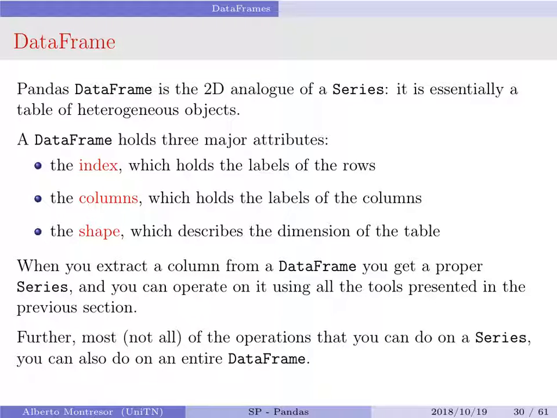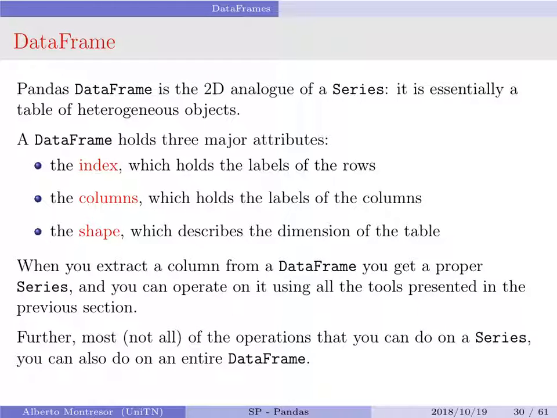Okay, the next part is related to data frames. A data frame is just the bidimensional analog of a series. It is essentially a table, and it could contain heterogeneous objects, but it could also be all the same objects. Now you have three pieces of information. You have the index that gives you the label at the beginning of each row.